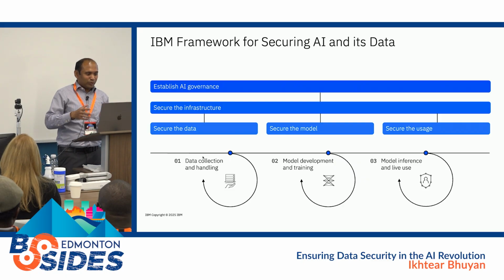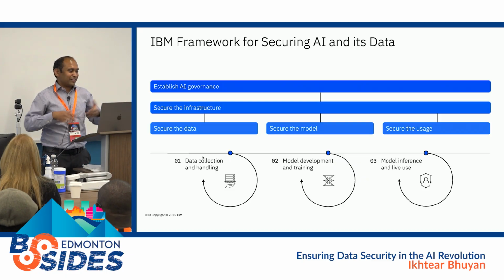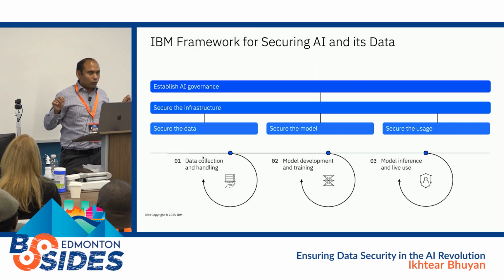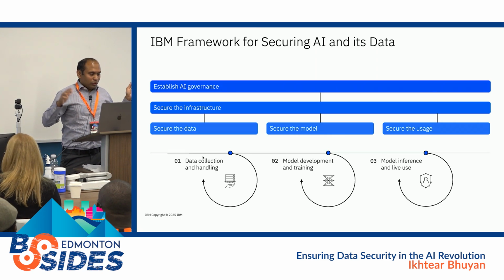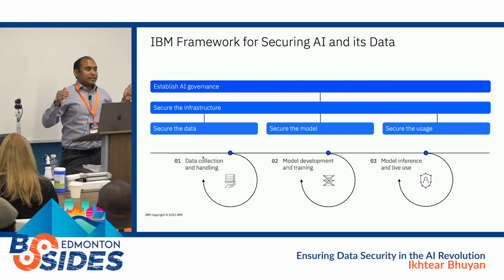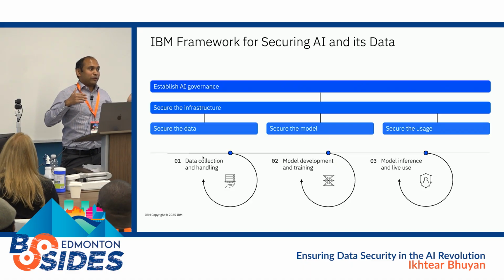But nowadays there are multiple roles: the data scientist, the application developer, the CI/CD pipeline, and all those different things. So you need a governance framework from beginning to end: what kind of policy I need to have in place, and what data needs to be accessed, by whom, and for what reason.